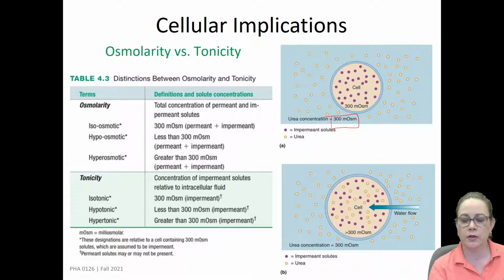If we start with a cell at the same milliosmolar concentration, but it has an impermeant solute, you will see urea want to move in. Urea wants to get to an equilibrium concentration outside the cell.